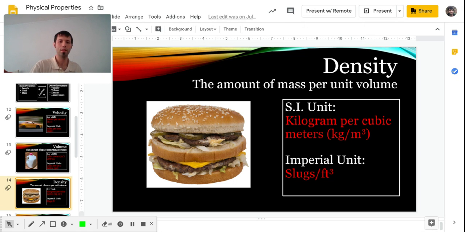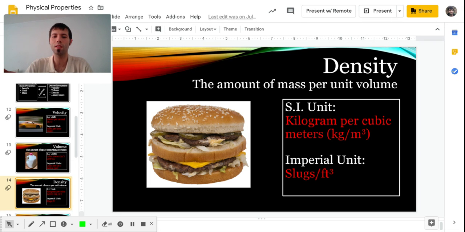Density, again, is a combined measure of different things. Density is the amount of mass per unit volume. Okay, so now we talked about mass, how much stuff something has, versus volume, how much space something takes up. So those are two different concepts. Just keep that in mind for a second.